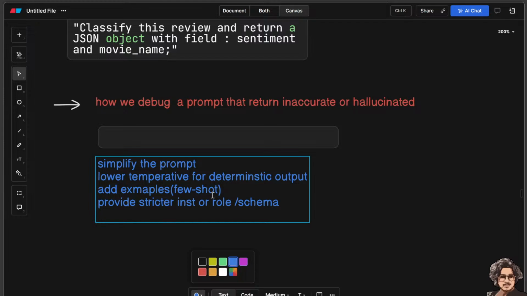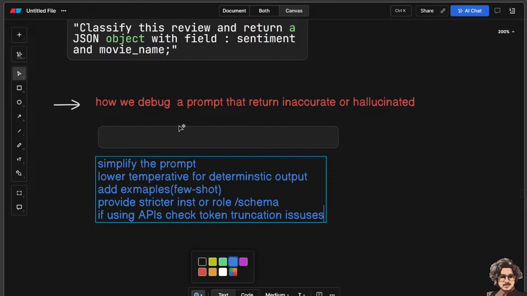And if using an API, check the token truncation issue.